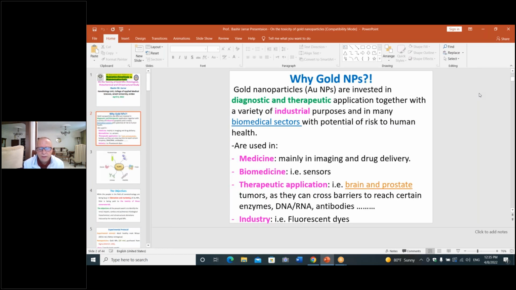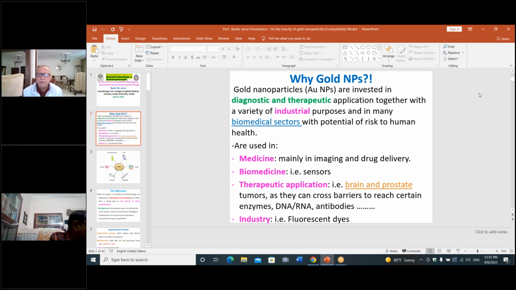Gold nanoparticles are used in diagnostic and therapeutic applications, together with industrial purposes and many biomedical sectors. There is potential risk to human health, and to a lesser extent to the ecosystem.